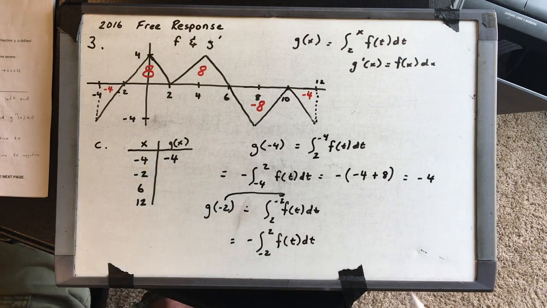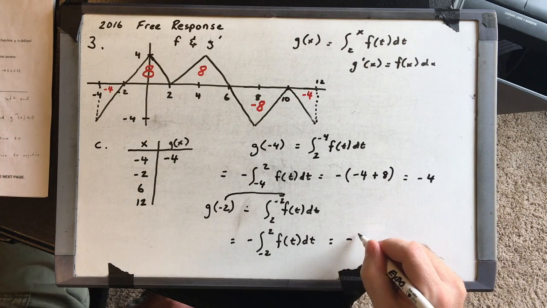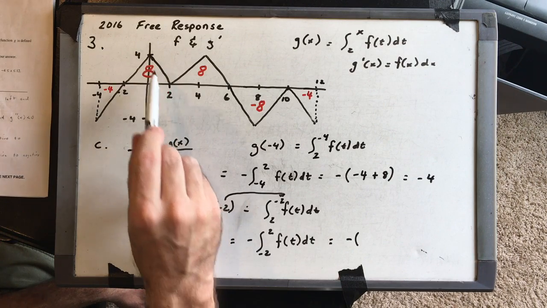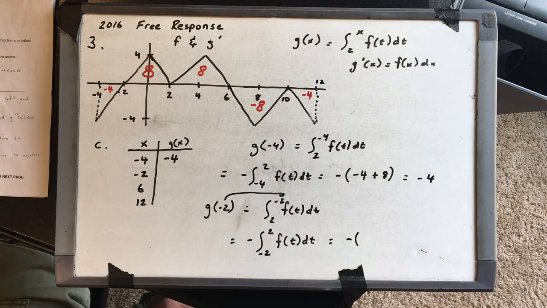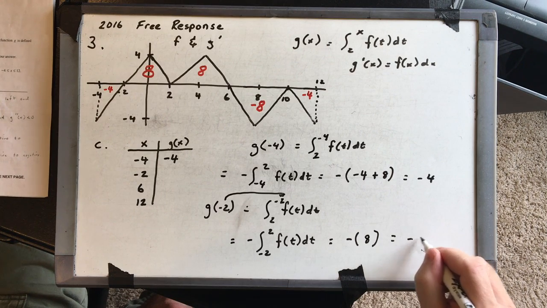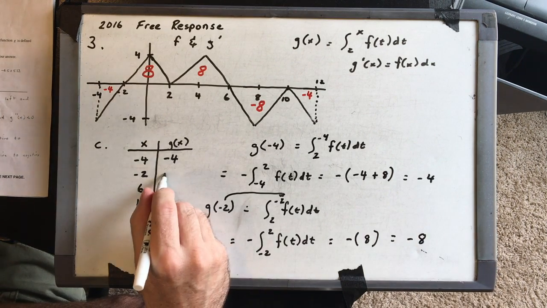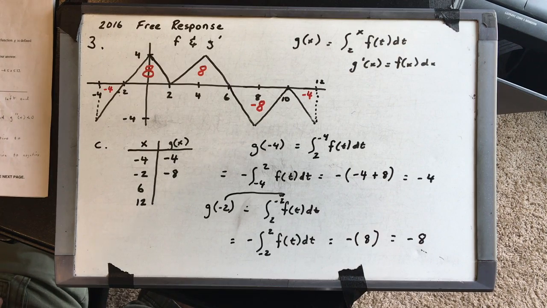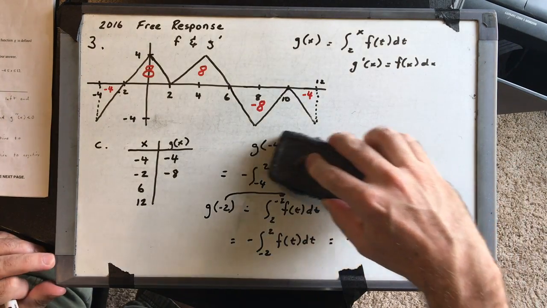Now it's a matter of the area under the curve. The area from negative 2 to 2 is 8, but we've got that negative out front, so your value is negative 8. You know how to do it, not too hard. I'm about to erase all this. We'll get the other two values.